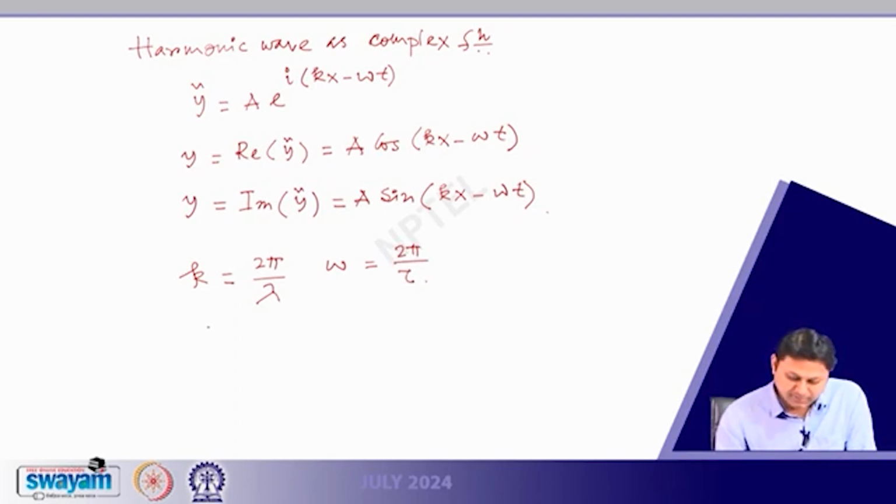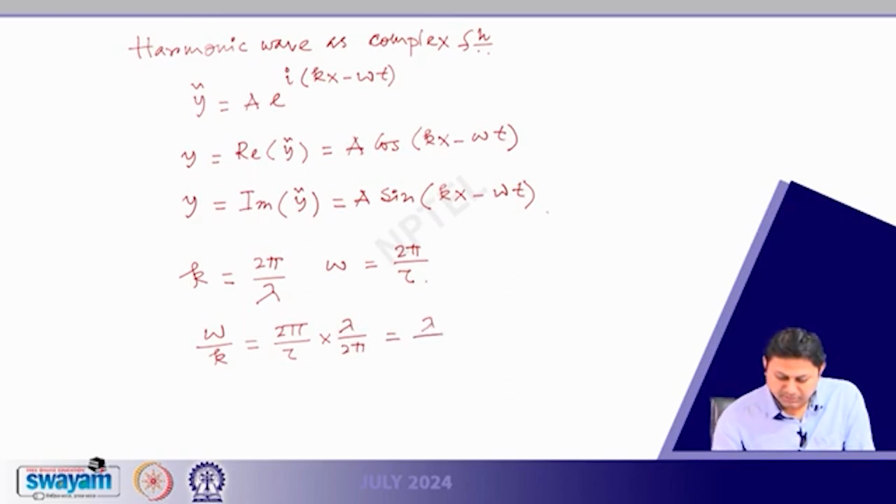And omega divided by k is 2 pi divided by tau multiplied by lambda divided by 2 pi, or lambda divided by tau, which essentially represents the velocity of this wave.